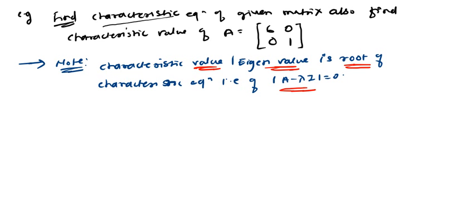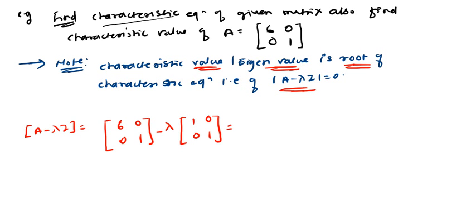Firstly we will find the characteristic matrix. The characteristic matrix will be matrix A minus lambda I. So what is matrix A? It is 6 0 0 1, minus lambda times I, which is 1 0 0 1.